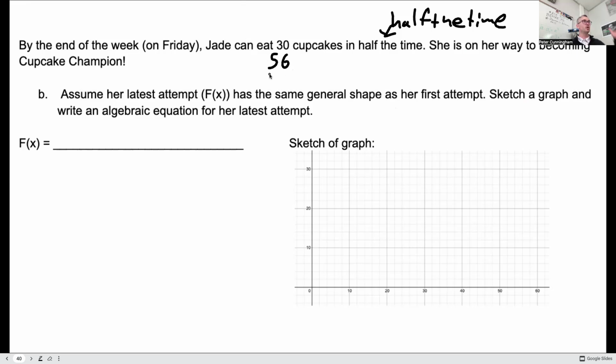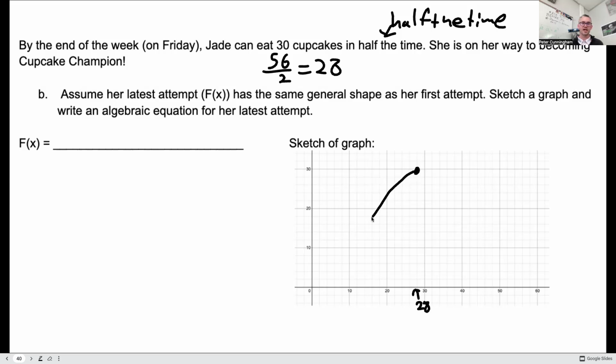We need to clock it in half the time, as the kids say. Hey, clock it, girl. So in 28 minutes, right? That's 28. Is she still going to eat the same amount of cupcakes? Well, sad fact is yes. So Jade, this is an intervention.